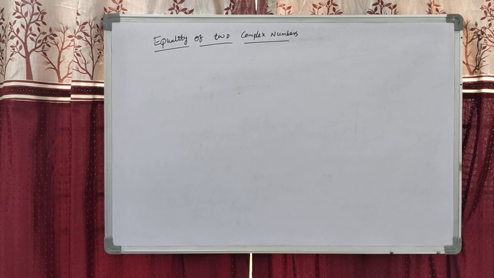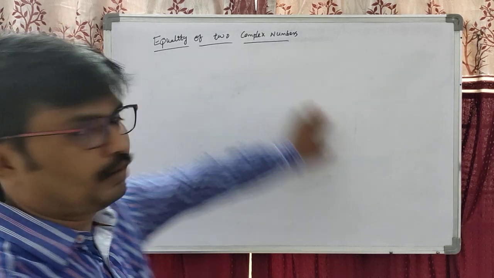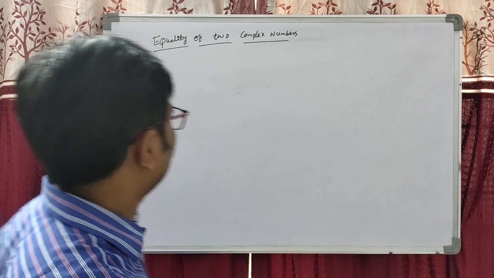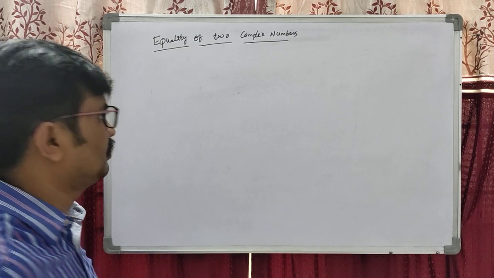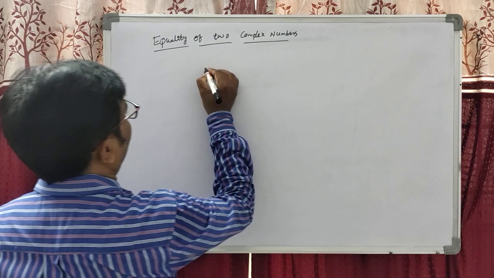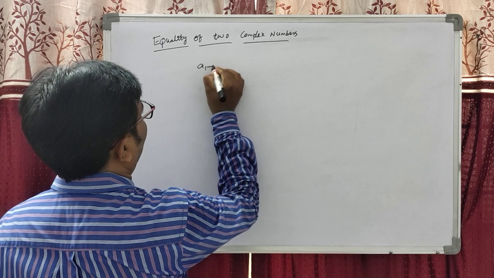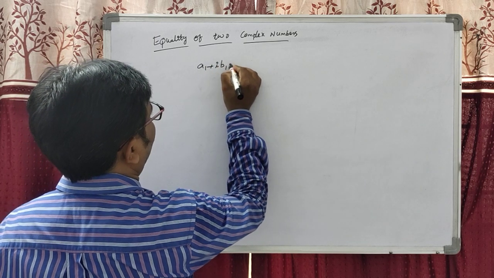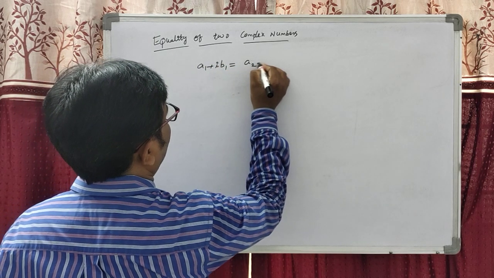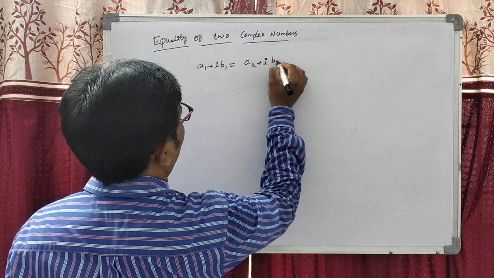So dear students, equality of two complex numbers. Suppose we take a1 plus ib1 and another complex number a2 plus ib2.